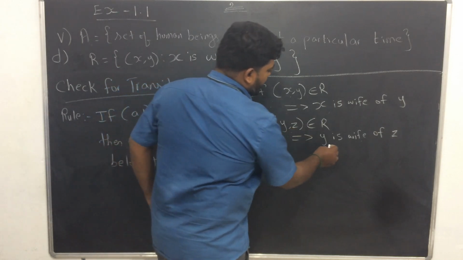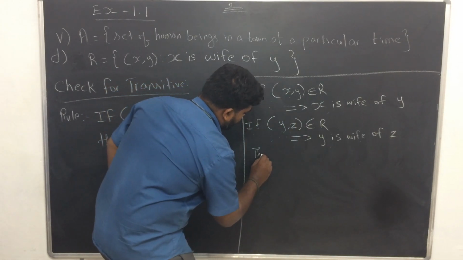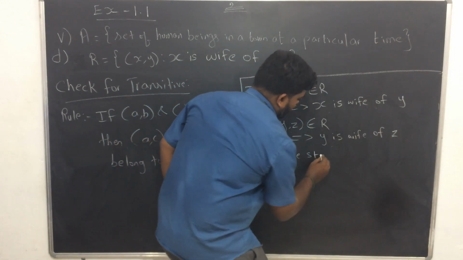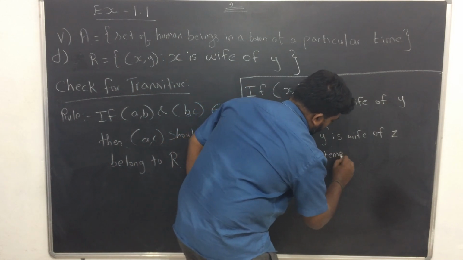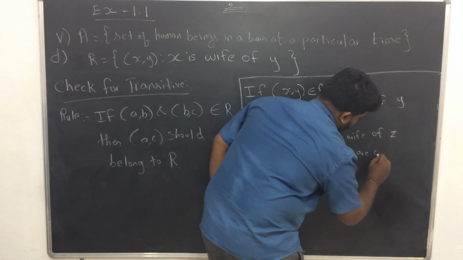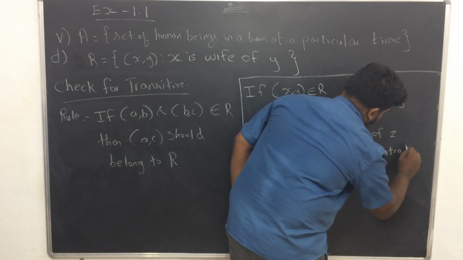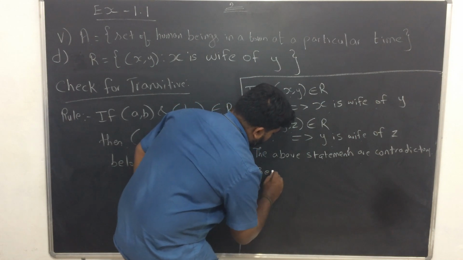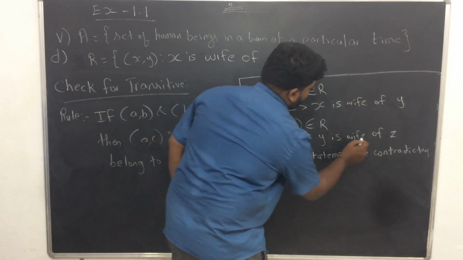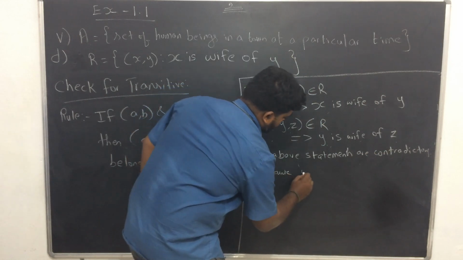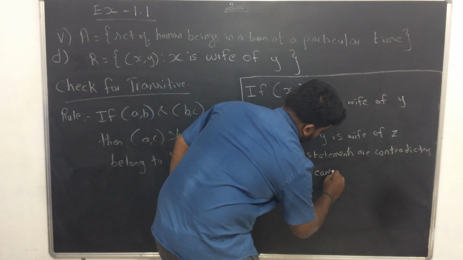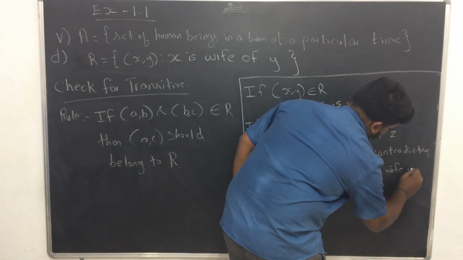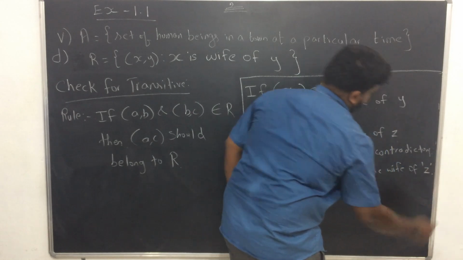Now how do we write? The above statements are contradictory, because y cannot be the wife of z.